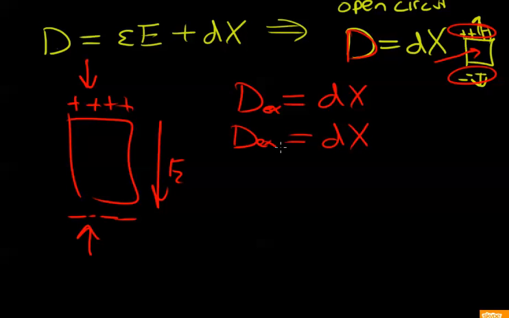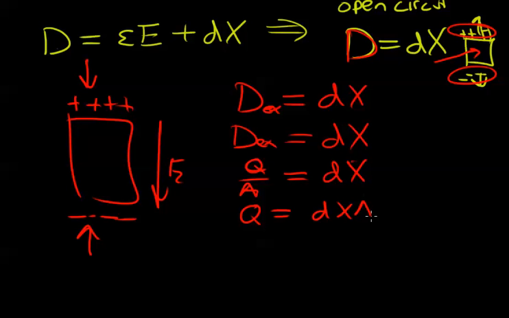What is the electric field caused because of this? Well, we know that charge Q per area equals D, which is stress times d. Basically, the amount of charge created is dXA. And how do you relate charge and electric field?